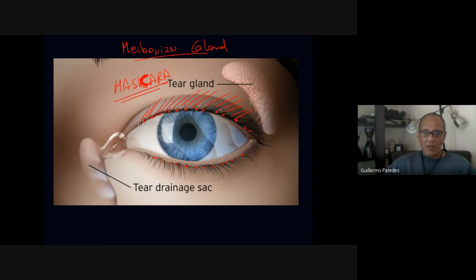And when they put a lot, they block the exit of one of these glands. When they block the exit of these glands, the secretion starts to accumulate, get infected, and get what we call the sty.